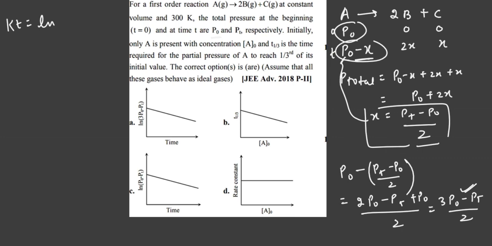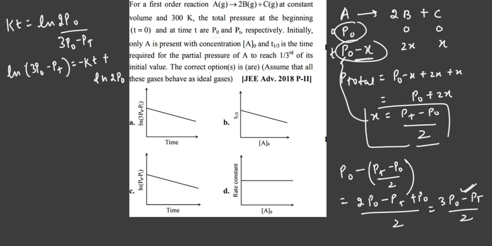So the initial pressure of A is P naught and the final pressure of A I have calculated as P naught minus X, and after putting the value of X, this is (3P naught minus PT) upon 2. This 2 will go in the numerator. Now I will get the equation like this: ln(3P naught minus PT) is equal to minus KT plus ln(2P naught).